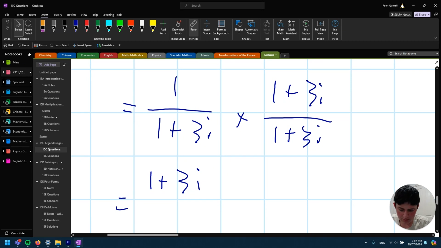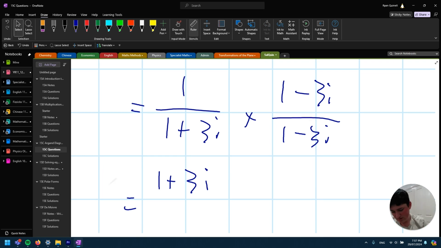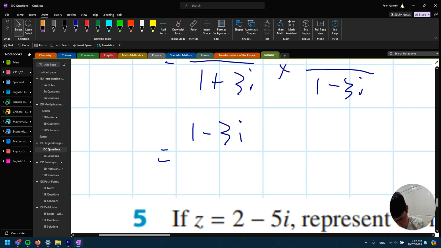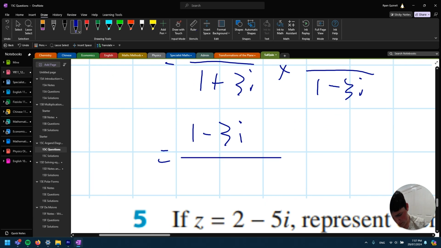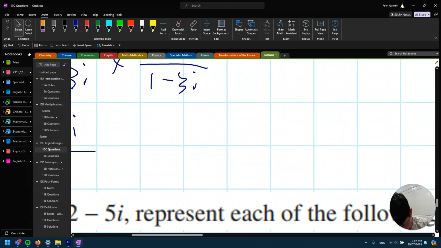Oh, right. What am I doing? Multiply by the conjugate, 1 minus 3i. I just forgot about that. Let's multiply by the conjugate.